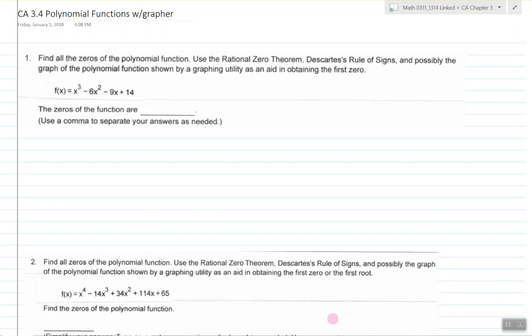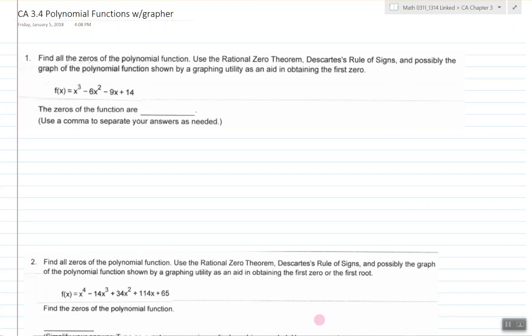This is our last lesson on polynomial functions, lesson 3.4, and we will continue to focus on the shapes of the graphs, the zeros, the behaviors around the zeros that indicate multiplicity, and so on.